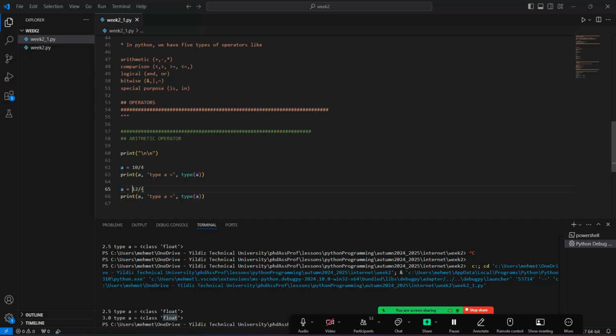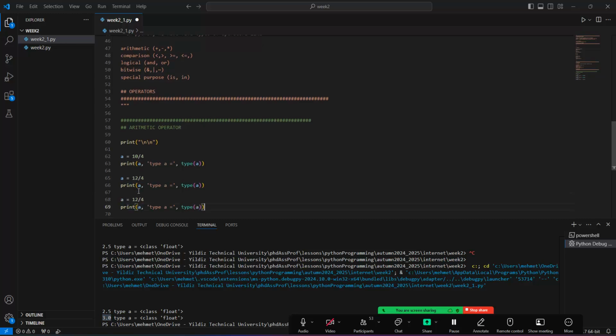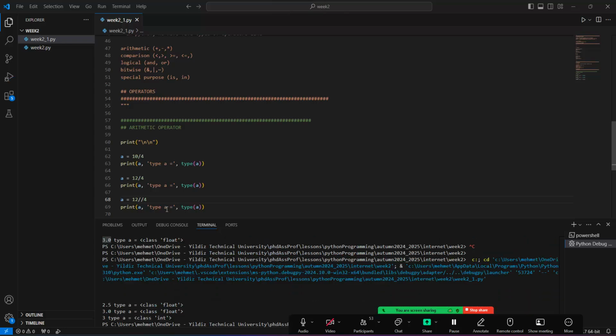So if the division gives us an integer value, Python still creates a float value. In order to remove this, we can divide with the double slash division operator. At this time the type of a is an integer value. This is a special operator for obtaining only the integer value, not the float one, guys.